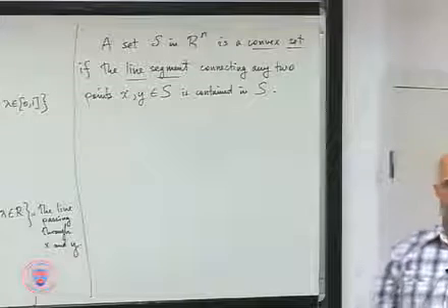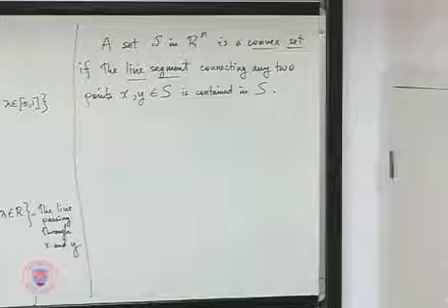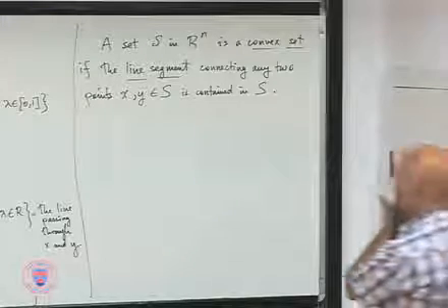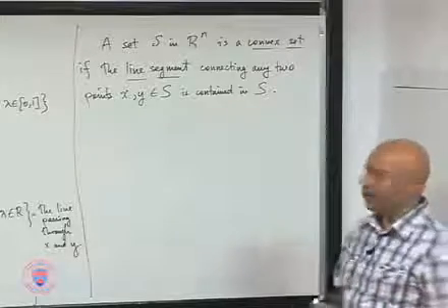By the way, the points x and y could be identical. X equals y is certainly permitted, okay? In which case, the convex combination will also output the point itself.